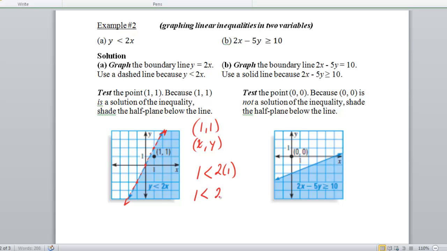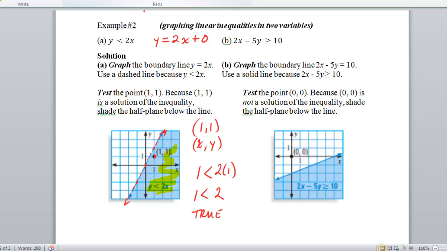And through this process, I get 1 is less than 2, which is a true statement, and so that means that 1, 1 lies in the shaded area because it would lie on the side of the graph that has all of the solutions, and since it's a true statement, it's considered a solution. And then we would simply shade in all the parts on that side of the line. So you can see that the process here is exactly the same as it was before. Now we're just dealing with more complicated lines.